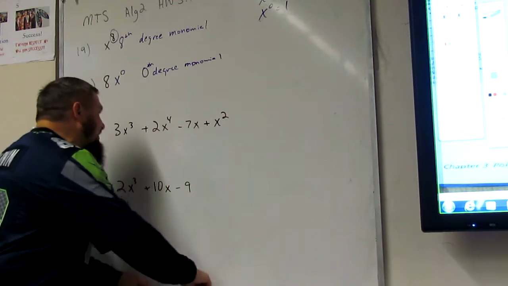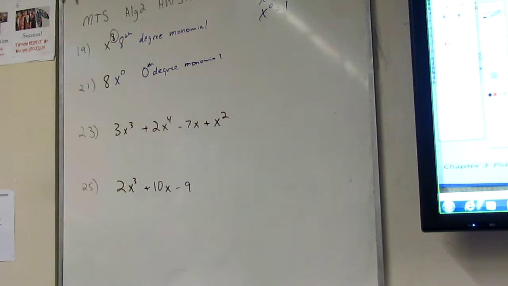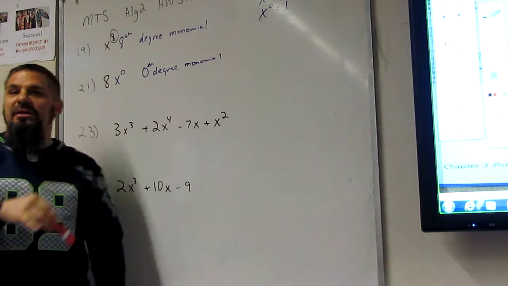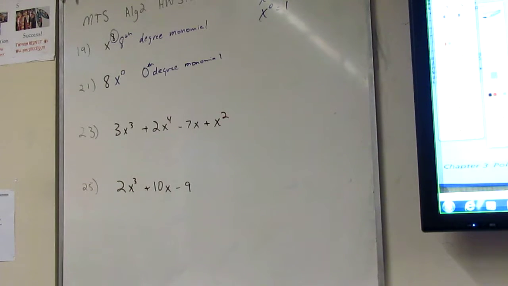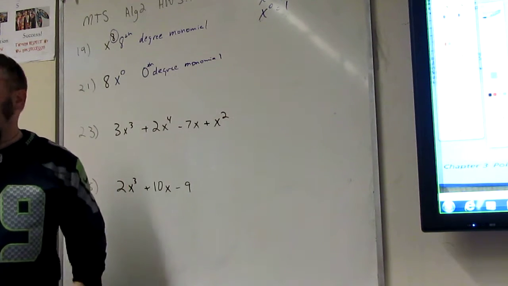Now the rest of these, you have to put in order first. They say, okay, put in order. Order just means you take the highest exponent and put it first. This is actually something that you can teach pretty much anyone. Give me enough time, I can teach Lily this, because she knows that 4 is bigger than 3.